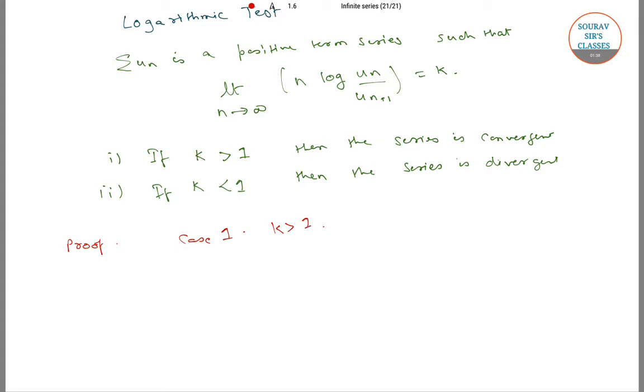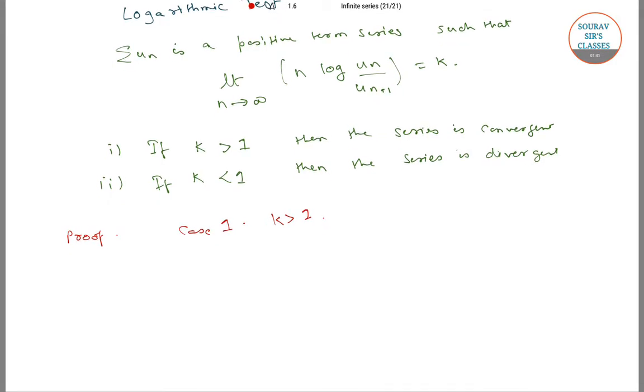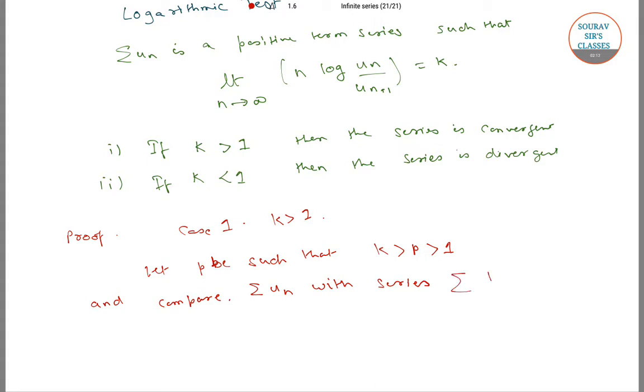Now we can choose some p, let p be such that k is greater than p is greater than 1, and we compare summation un with the series summation 1 by n raised to the power p, which is convergent since p is greater than 1.